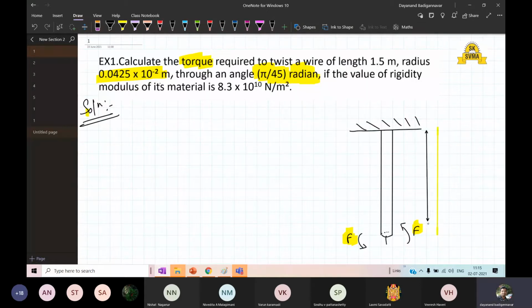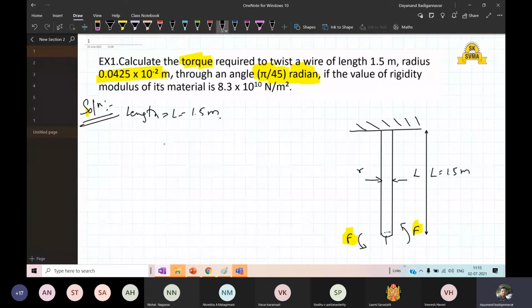What is the length of the wire? Length is L. Length L equal to 1.5 meters. You write the length in the solution that is given. Radius of the wire. This is a circular wire, keep in mind it is having a certain radius R. Radius R equal to 0.0425 into 10 to the power of minus 2 meters.